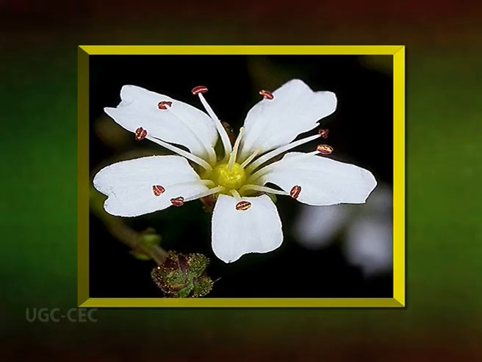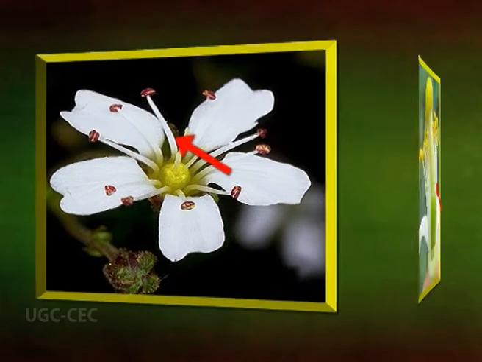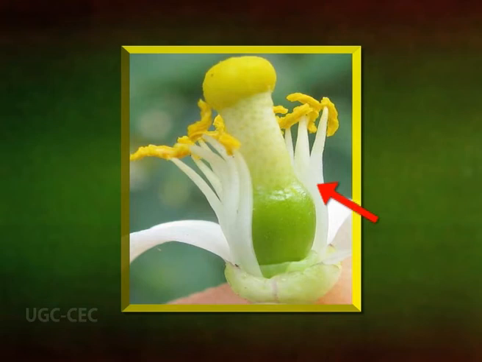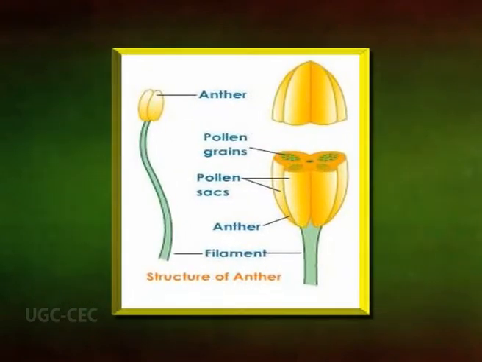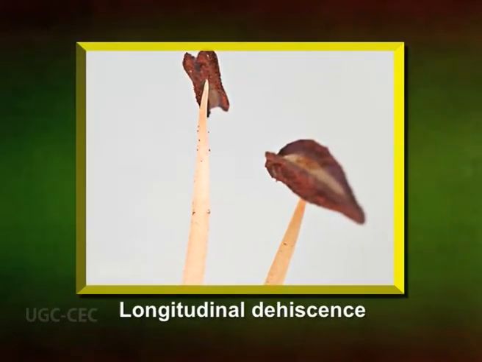The filaments are either free, that is apostemonous, or are basally connate. The anthers in Caryophyllaceae are dithecous, introrse and longitudinal in dehiscence.